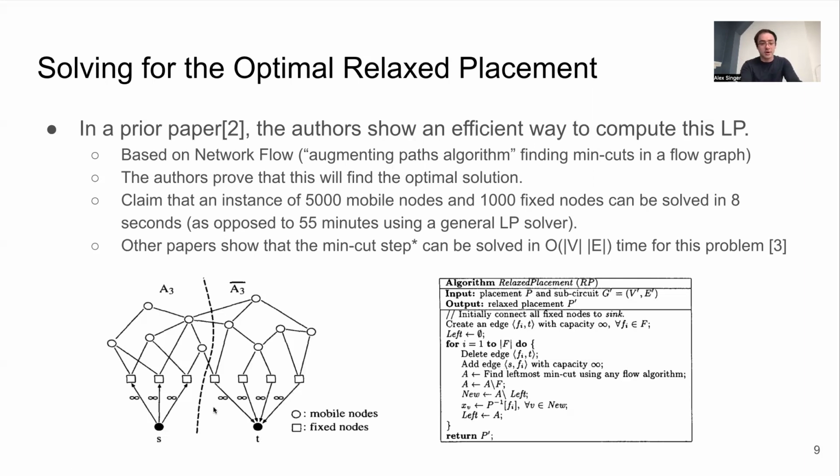We're going to create our S and T. We're going to find the leftmost min cut using any flow algorithm you want, and they mentioned one in their paper. You grab all of the elements of A that are not fixed, and you check the ones that are not in the left. Basically, the ones that haven't been marked yet, so any unmarked nodes.